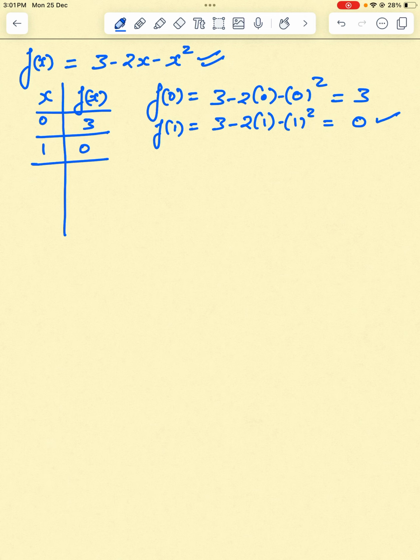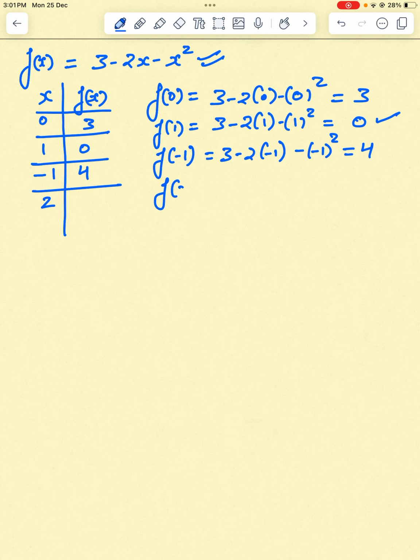Okay, now put x equals minus 1, that is f(minus 1). So what is the value of the polynomial at x equals minus 1? That is 3 plus 2, 5, 5 minus 1 square is 1, it is 4, right? Okay, so find the value of the polynomial at x equals 2.